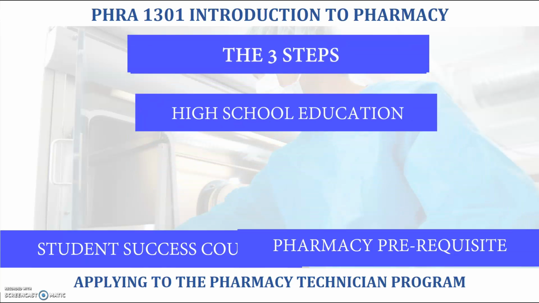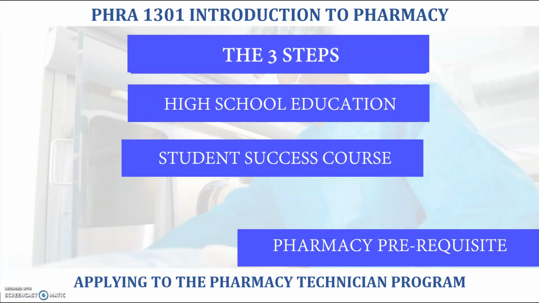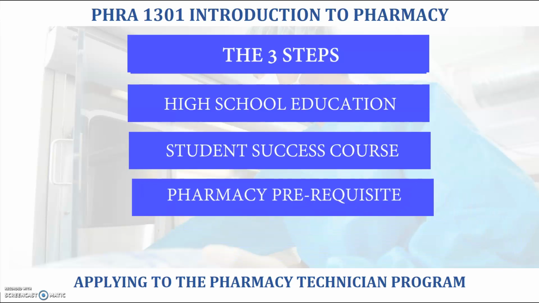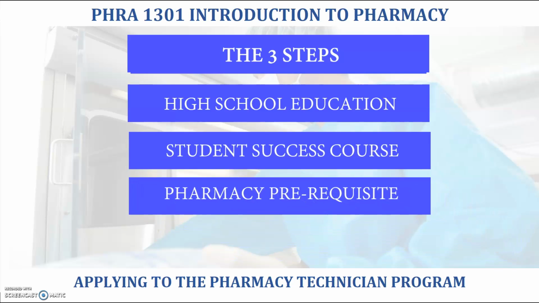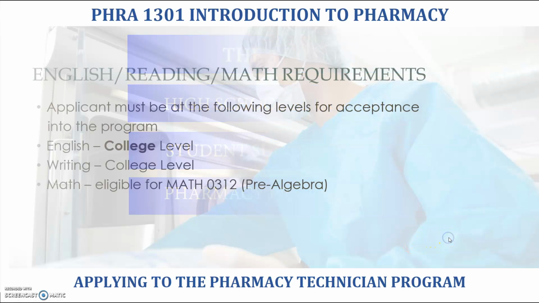So these are the 3 steps to have admission into the program: high school education, take a student success course, and a pharmacy prerequisite class. So with this, I attempted to do purposeful direction and purposeful ordering of animation and after previous.